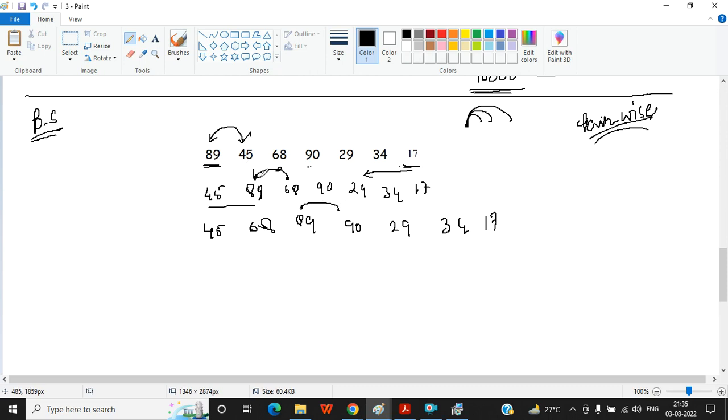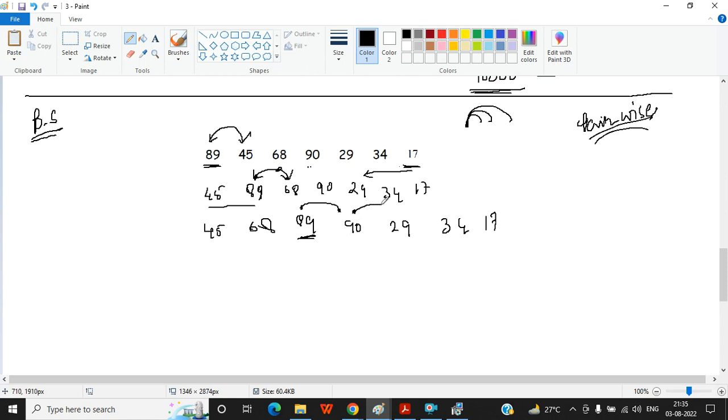Sorry, here I have to put the no swapping symbol. Now there will be no swap because 89, the first one, is not more than the second one. So 89 will be like that only. At that time the algorithm will understand, okay, we got something more than 89. Now leave 89. Position will be 90.